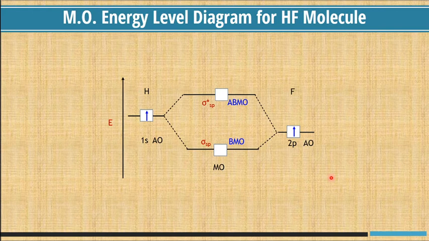So these are the bonding molecular orbitals and antibonding molecular orbitals. The one electron from hydrogen and one electron from fluorine get filled in the lower energy sigma sp bonding molecular orbital.